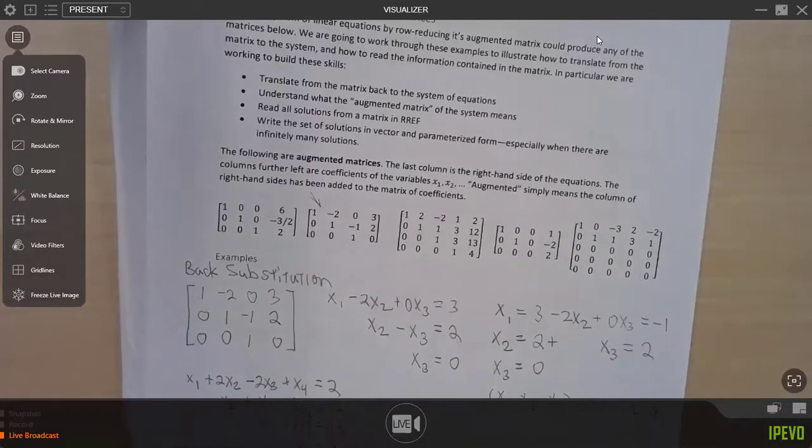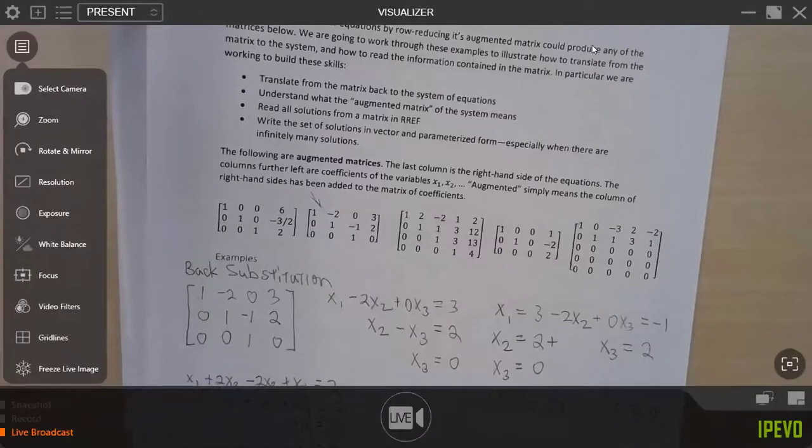I think you can do that. By the way, if you're online, the question is, can you get to row echelon form rather than reduced row echelon form with MATLAB?